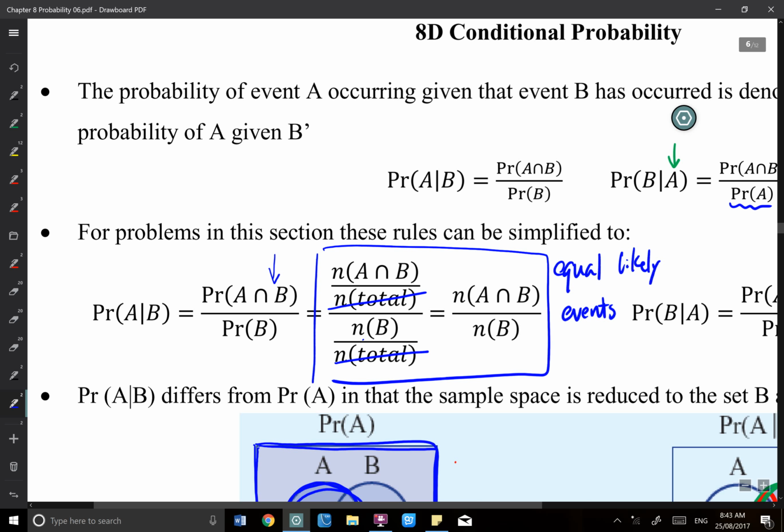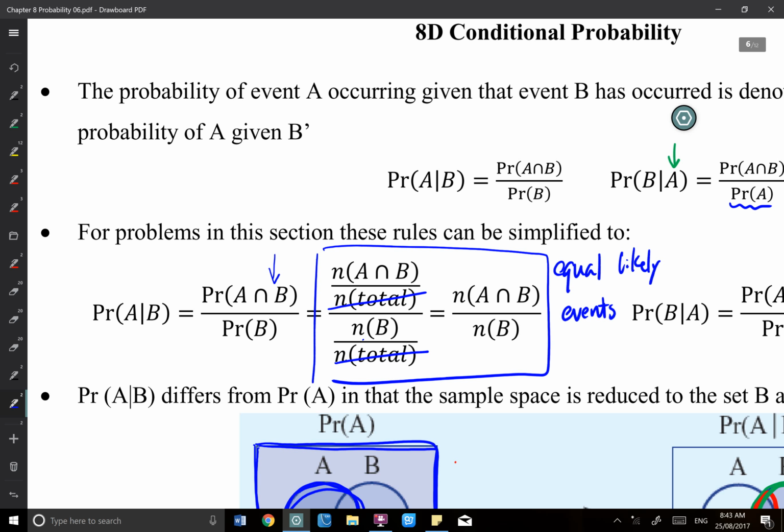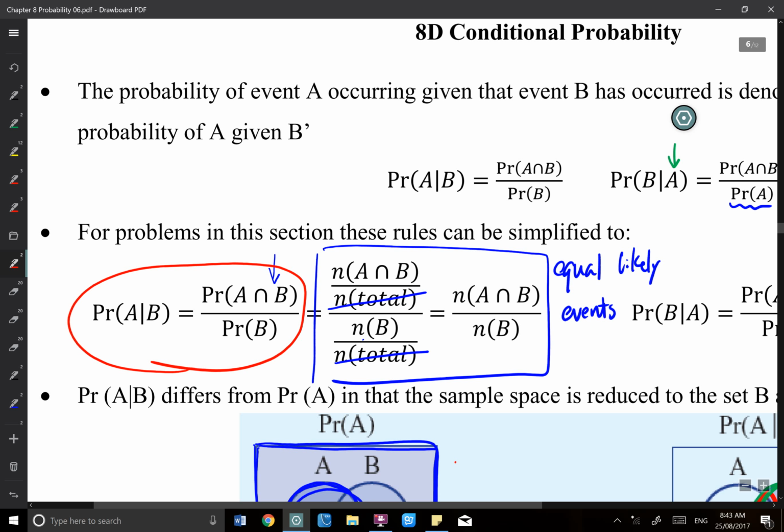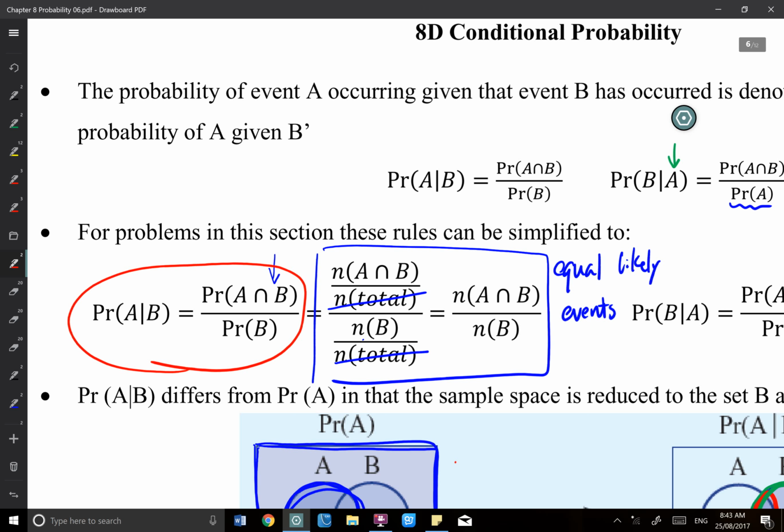In year 11 and year 12, you will still use the formula, but only the front part, not the back part, because as I said, not all events will be equally likely, and not all events will be countable. What we learn now is called discrete probability. Everything is countable, we can count 1, 2, 3, 4 elements.